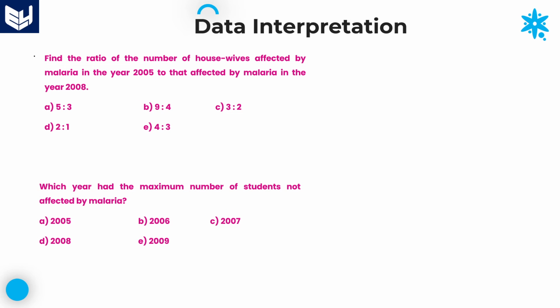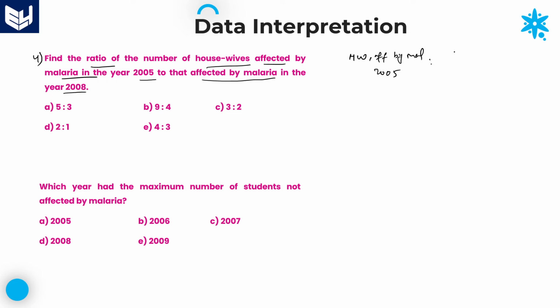Next, question number 4. Find the ratio. Here we need to calculate the ratio of the number of housewives affected by malaria in 2005 to that affected by malaria in the year 2008.